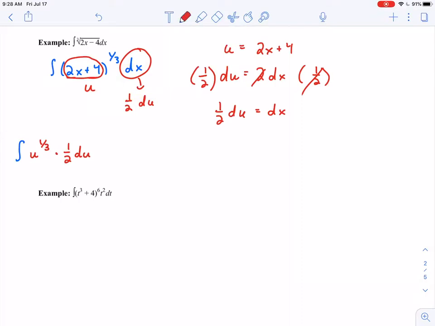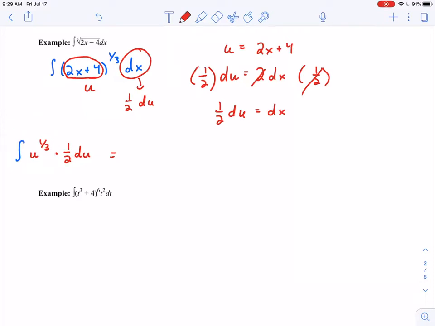So now, maybe this 1/2 is a little bit concerning to you, right? This looks pretty straightforward, I think, except for this 1/2. But remember that 1/2 is just a constant multiple, and that's why I wanted to stress, hey, I think it's easier if we multiply here by 1/2, because I think it's easier now to see, oh, well, I can just take this 1/2 and factor it to the front of my integral so that I don't need to worry about it.